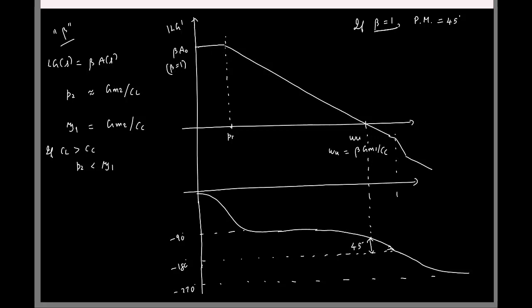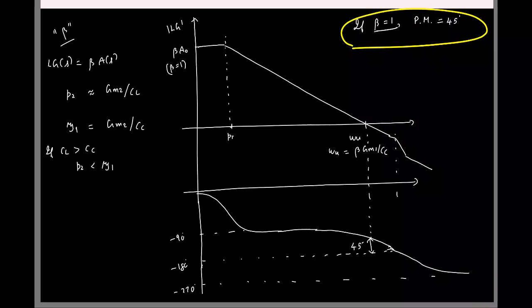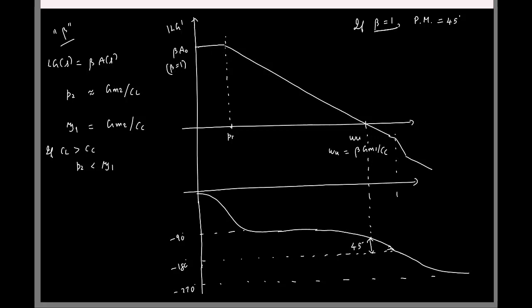So here, what is the statement I have made? If beta is 1, the phase margin is 45 degrees. So do you think if I change beta, something will happen? Let's say I reduce beta. Practically, the maximum value of beta is 1, right? So I reduce beta. What will happen to these plots?